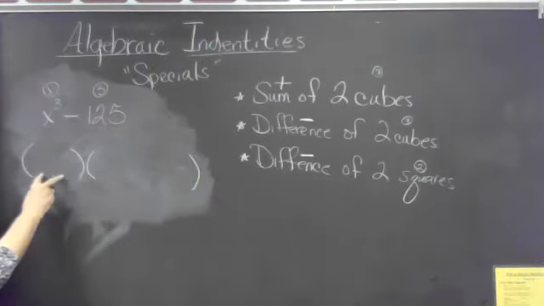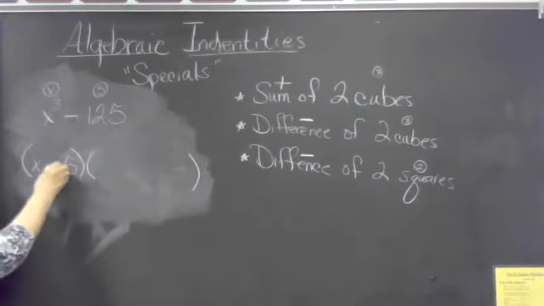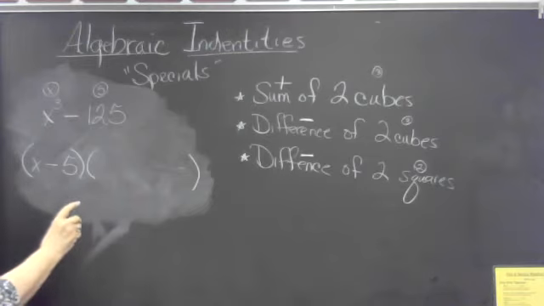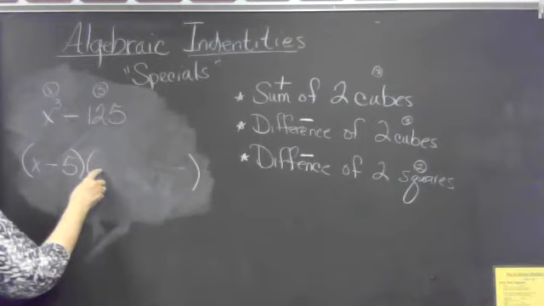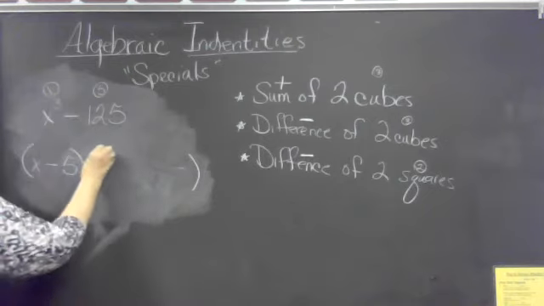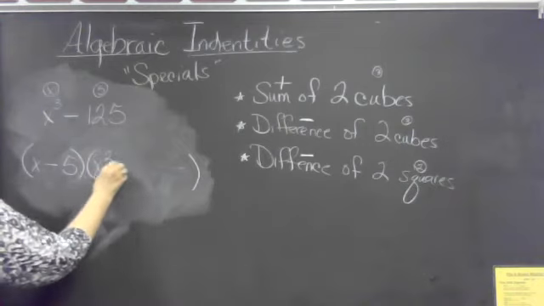Now in the small parentheses, it says, take your first one and your second one and put a minus in it. This is what the pattern shows. Now here, you have to pay a little closer attention. It says, take the first one and square it. Then it has a plus in the pattern.